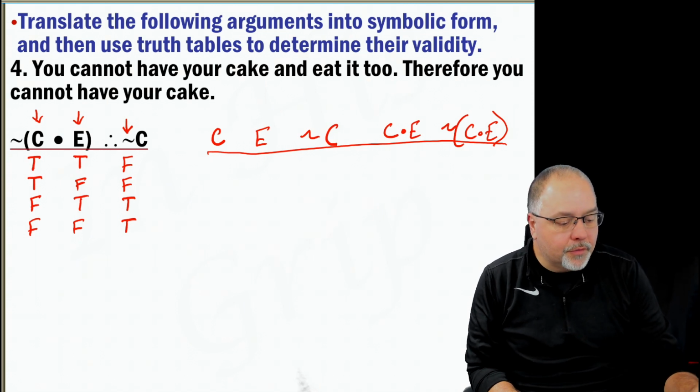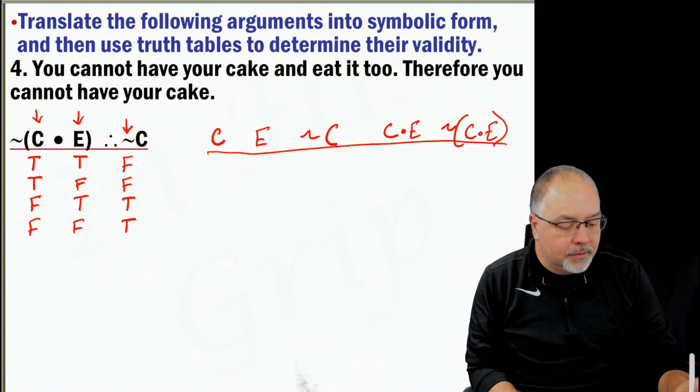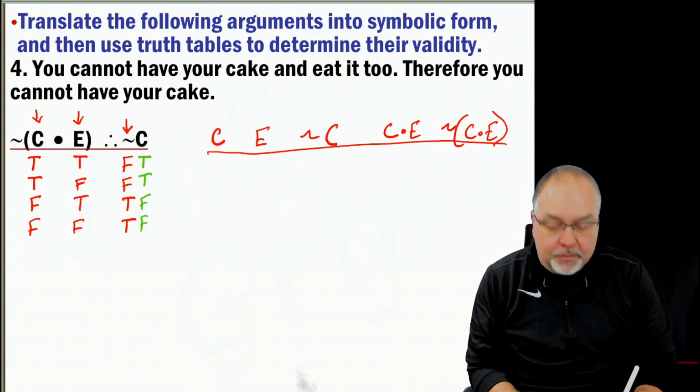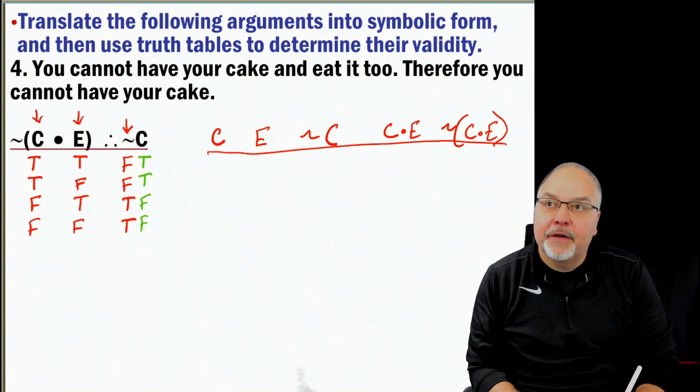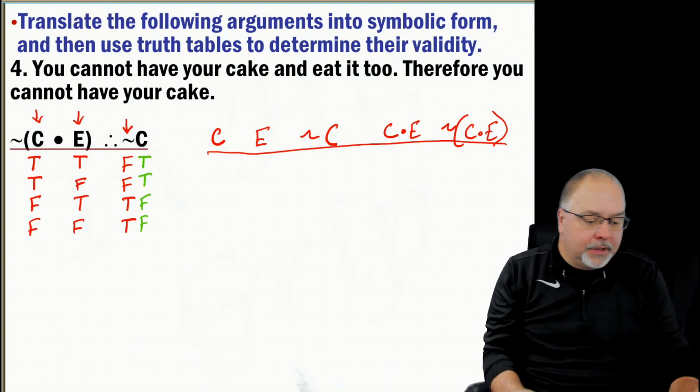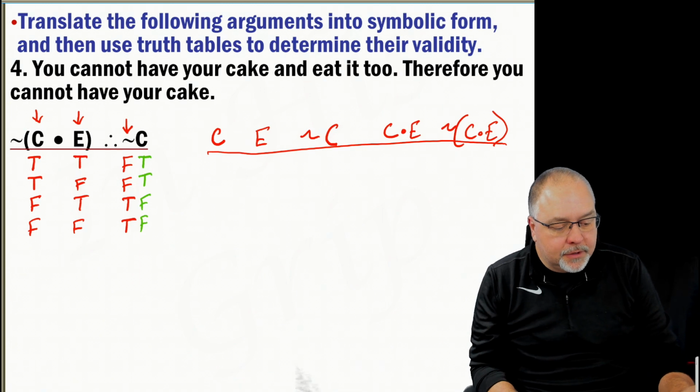The reason why I did that is, if you really want to do this, I could take under C: true, true, false, false, and then I negate it. I'm moving a little bit to the left, and then I get false, false, true, true. Okay, see that?